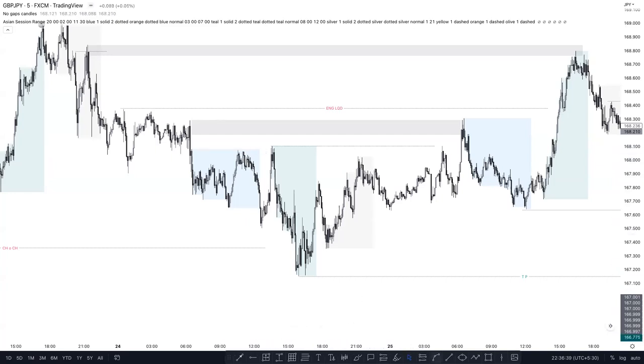And if you see from the perspective of the structure, when the market sweeps the previous high or low, we are always looking for the sell here.